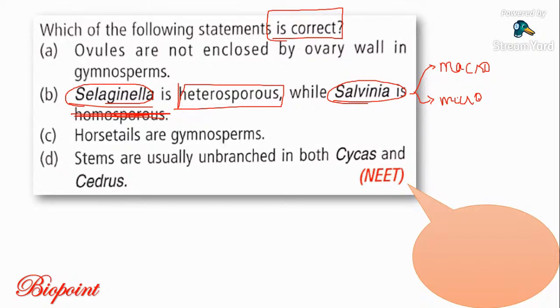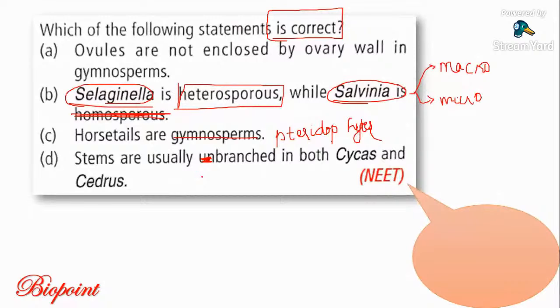Okay. Next one. Equisetum is a pteridophyte. Equisetum, or the horsetail, is not a gymnosperm. It is actually a pteridophyte. It comes under the class of pteridophytes and not under gymnosperms. But the last sentence, stems are usually branched in Cedrus.